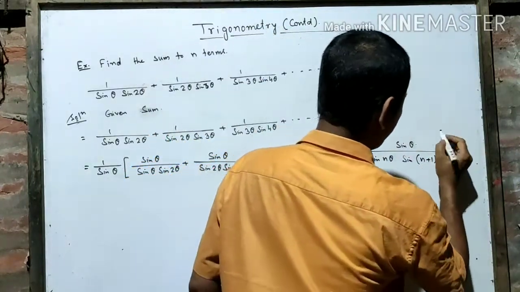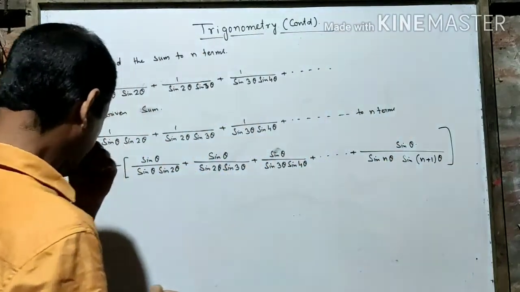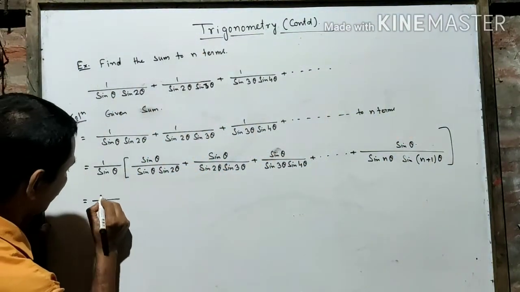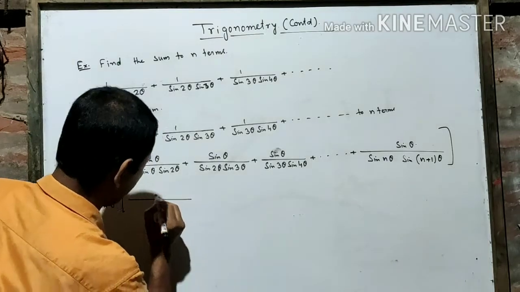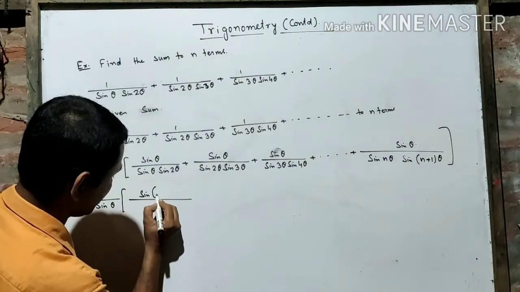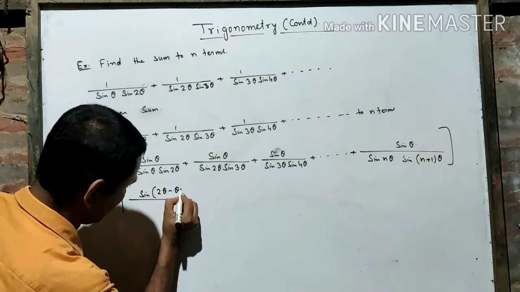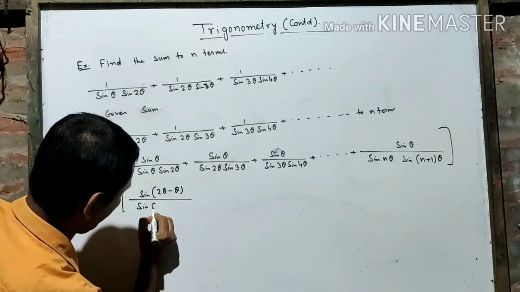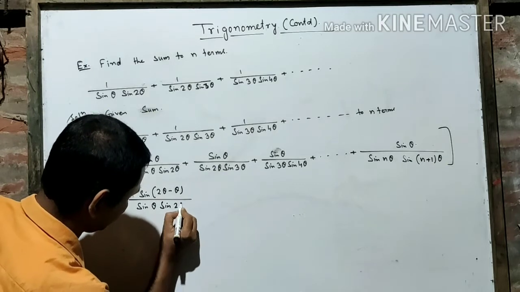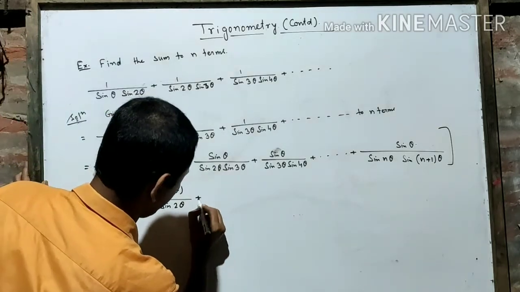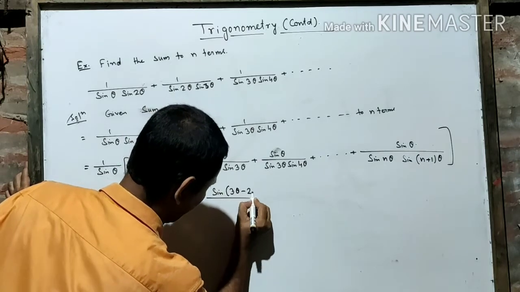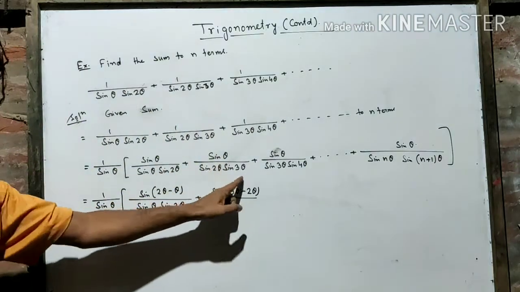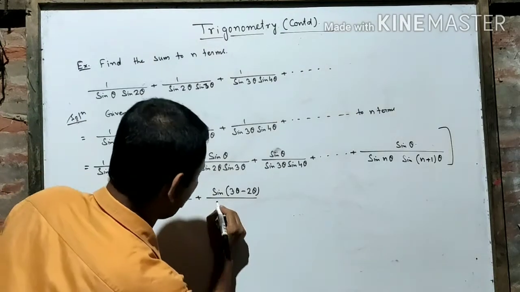Now 1 by sine theta. Theta can be written as 2 theta minus theta, over sine theta sine 2 theta, plus, again here theta can be written as 3 theta minus 2 theta. 3 theta minus 2 theta is theta.